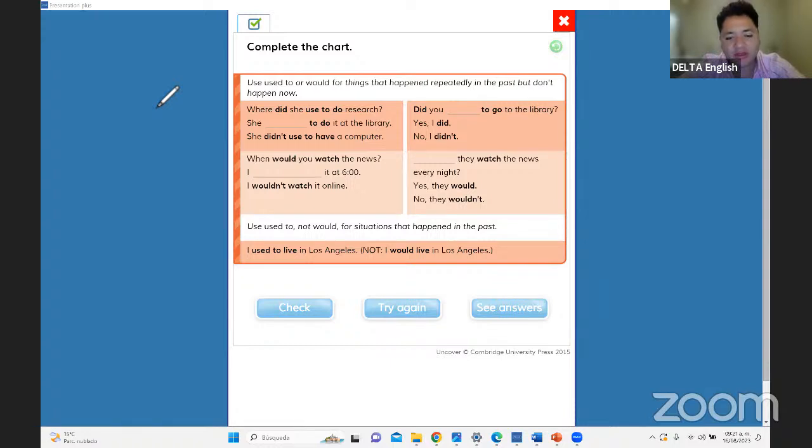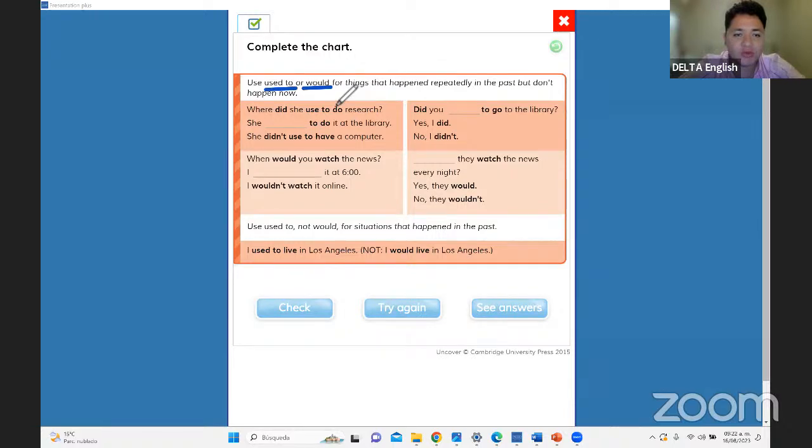But if you want to talk about your childhood, things that happened years ago, then you can use this structure, used to. Used to and would in this context mean solía hacer, solía esto, aquello, right?